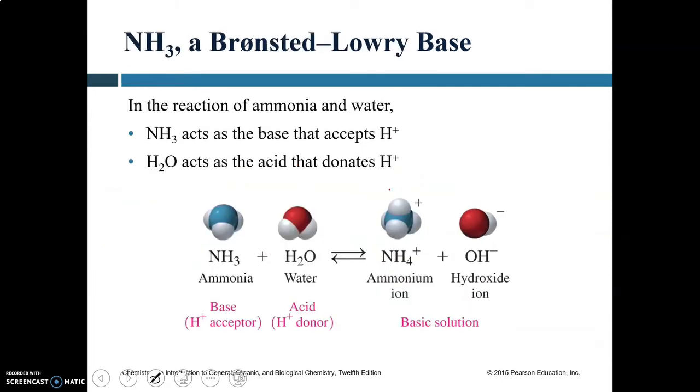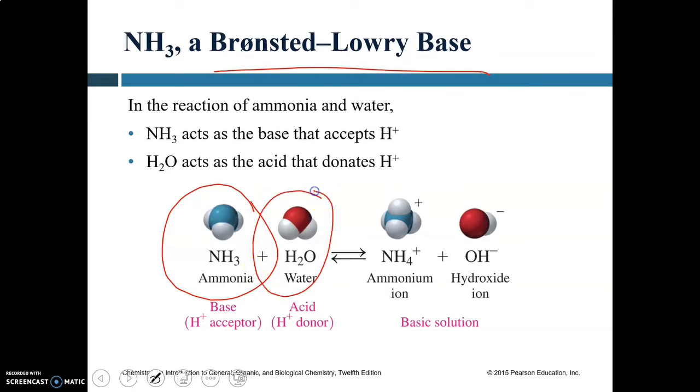Now in the reaction between ammonia and water, you have two true Bronsted-Lowry acids and bases. So ammonia acts as the hydrogen ion acceptor, thus becoming a Bronsted-Lowry base, while water acts as hydrogen ion donor, thus becoming a Bronsted-Lowry acid.